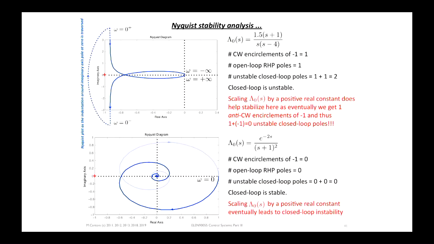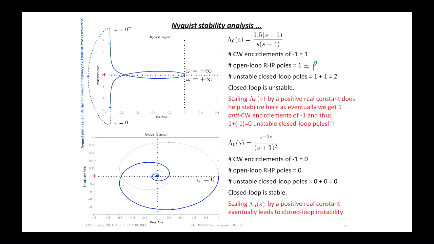Let's consider this example here. We have a pole at 0, a pole at 4, okay? All right, we have a 0 at s equals minus 1, right? So P is going to be equal to 1, right?